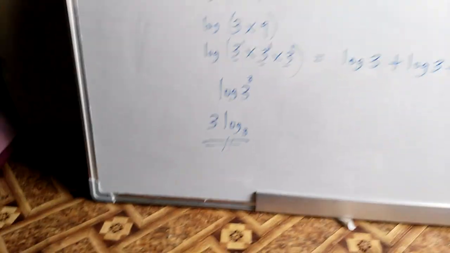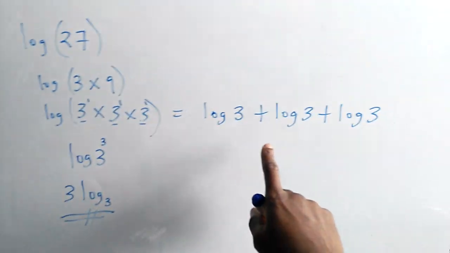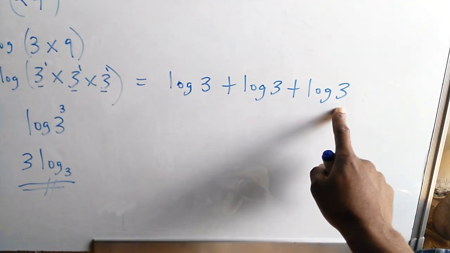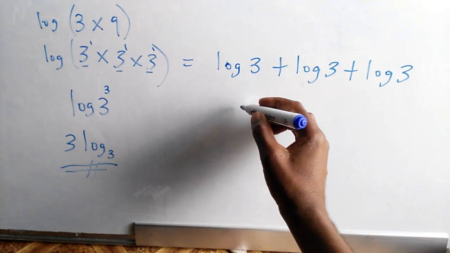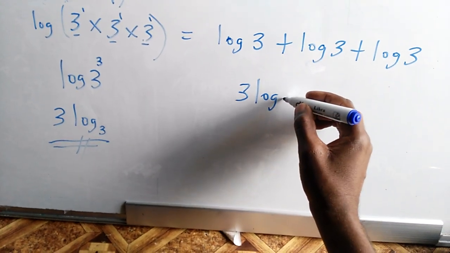It's the same as saying 3 logarithm of 3. There are 3 log 3s. There are 3 of them.